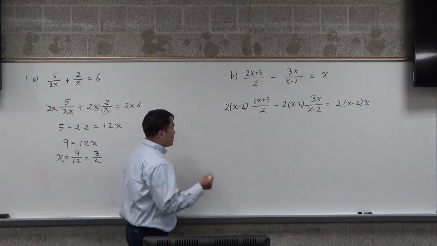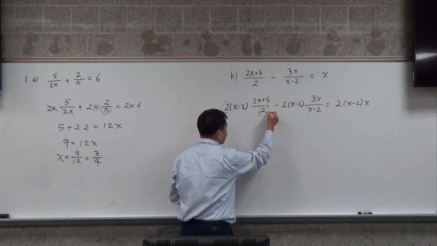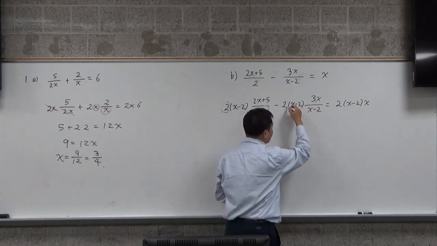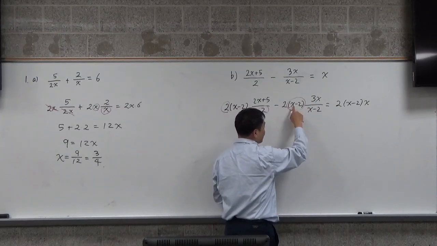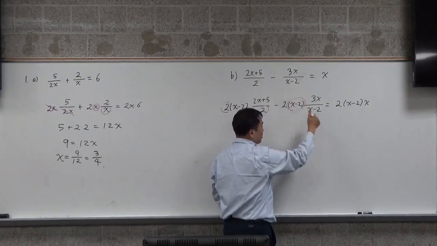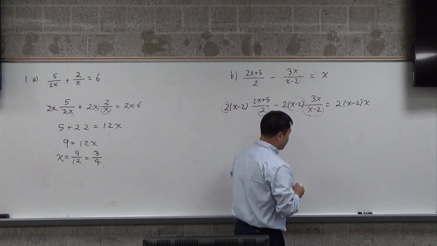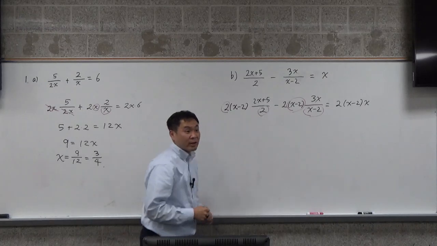All right, now we cancel the things that are common. 2 is on top, 2 is on the bottom. They're going to cancel. X minus 2 is in the numerator, x minus 2 is in the denominator, so those cancel. Again, no fractions, right?